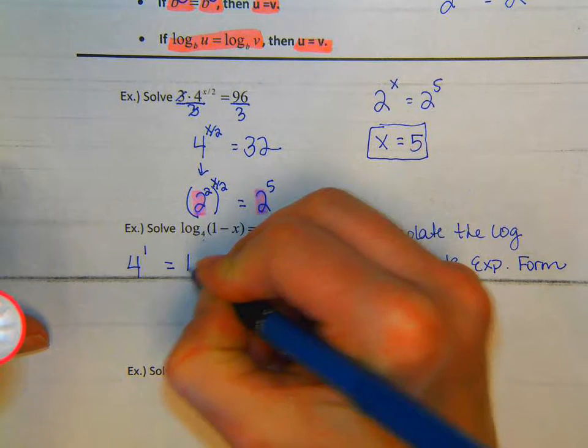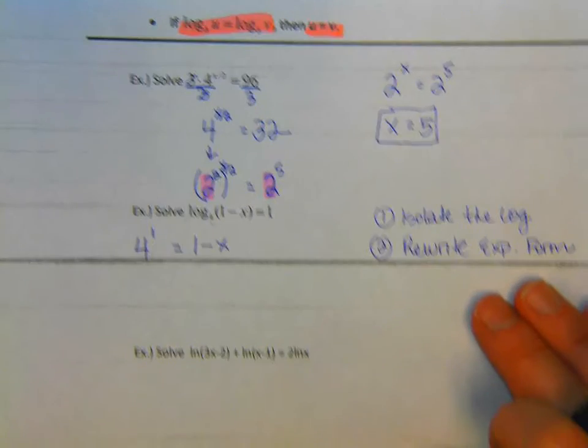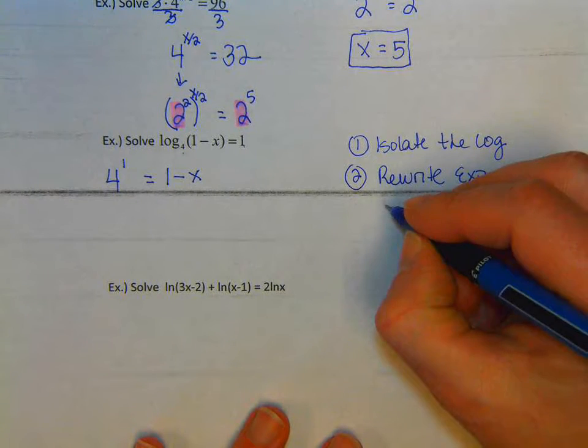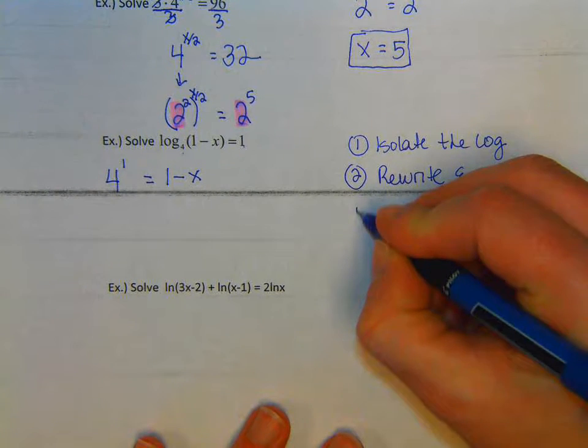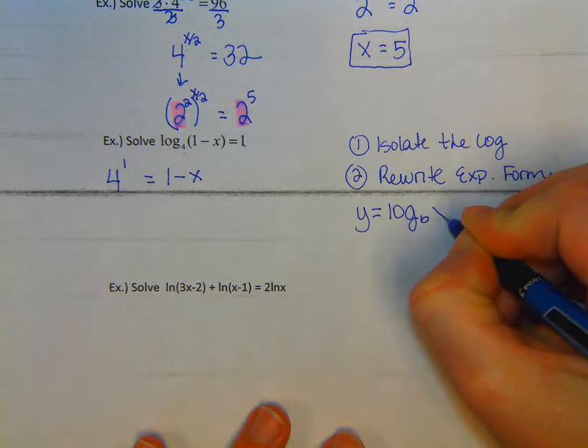And below, rewrite in exponential form, I'll just put a refresher from 3.3. We wrote that if you see this statement, this is its log form.